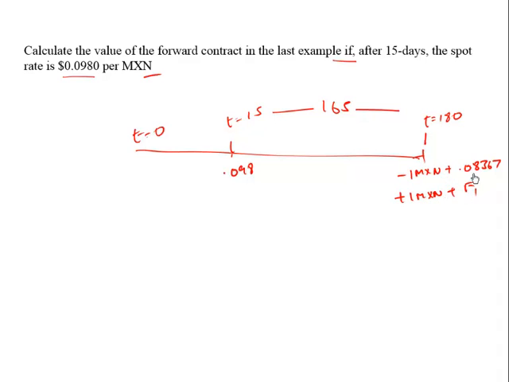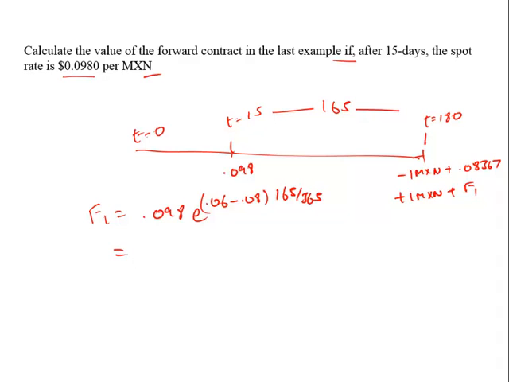He has already shorted it at this. So to long 1 Mexican peso, what will be the new rate? It will be based on the current spot price into e raised to the power, let's assume the risk-free rates remain the same, so it will be 0.06, that is the US rate, minus 0.08, that is the rate in Mexico, into t, which will be 165 divided by 365.